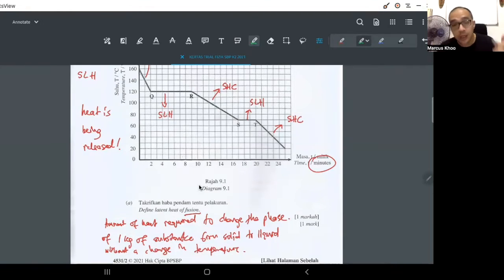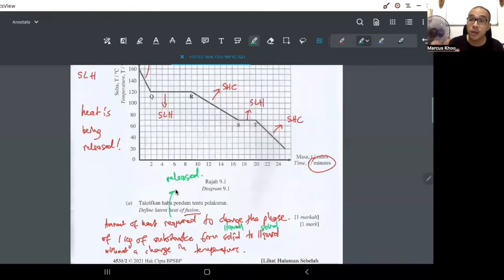You can also say change from liquid to solid, but if you want to use liquid to solid, then instead of amount of heat required, it is amount of heat released, to change the phase of 1 kg of substance from liquid to solid without a change in temperature.